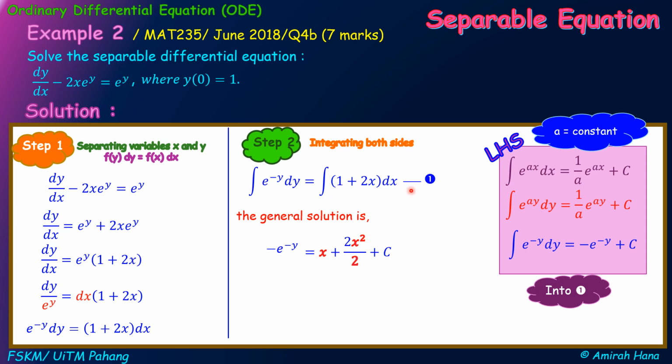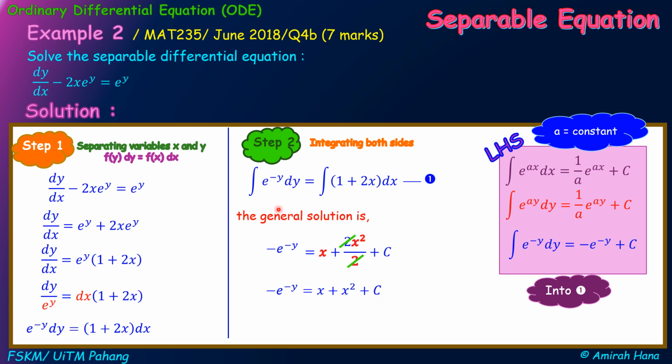We integrate 1 with respect to x, it equals x, and then plus we integrate 2x, so it becomes 2 times x squared over 2 using the power rule, and then plus c. After that, we can simplify the 2 from the numerator and the 2 from the denominator. Then we have negative e the power of negative y equals x plus x squared plus c.